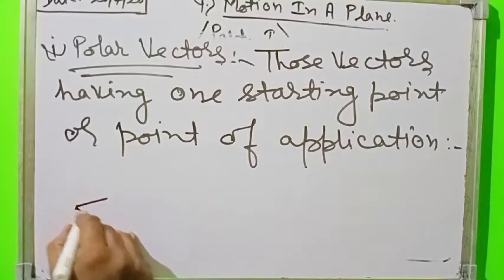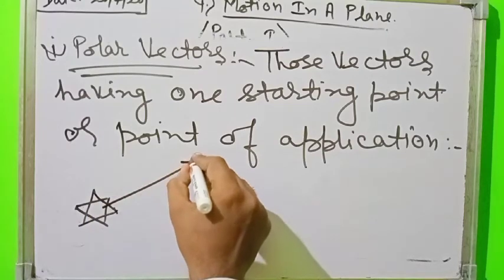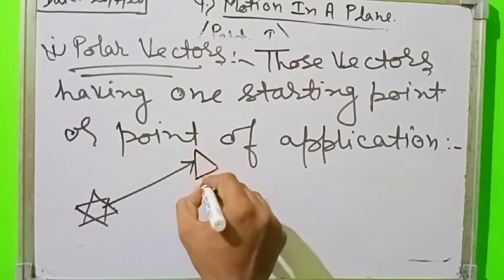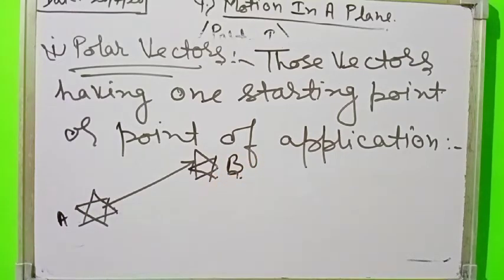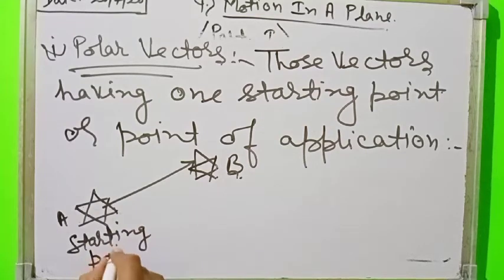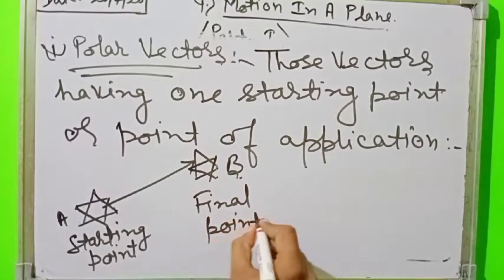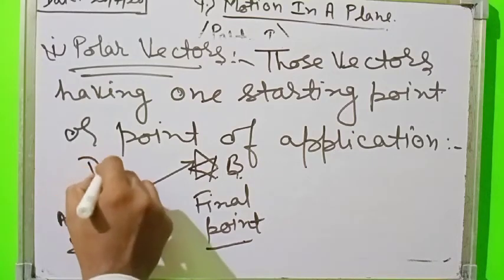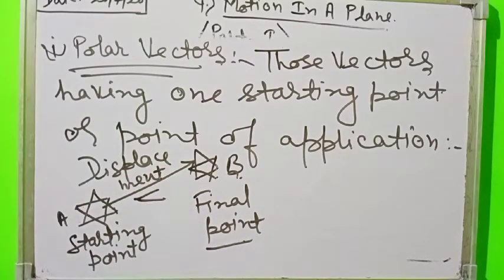Two examples I am taking. The starting point and final point, such as displacement. So these vectors are called polar vectors.